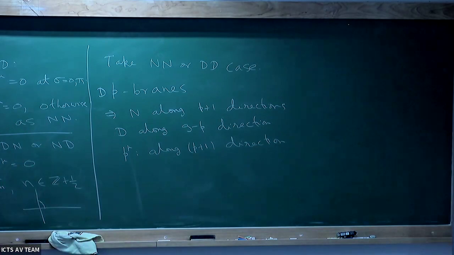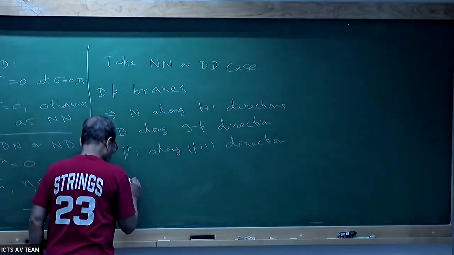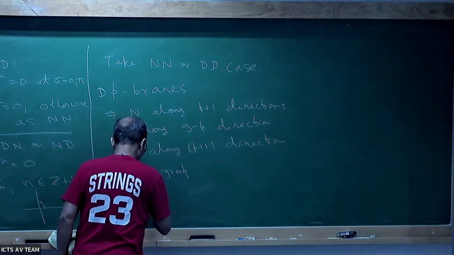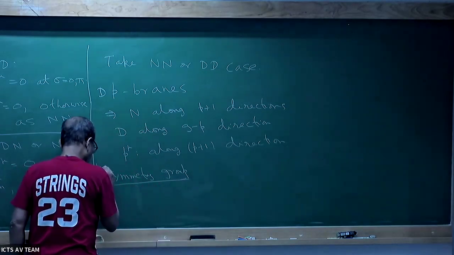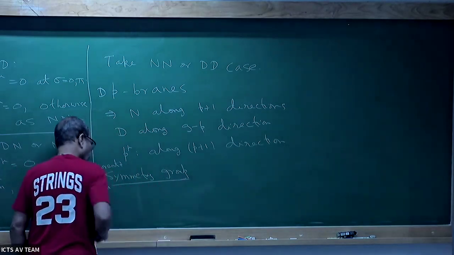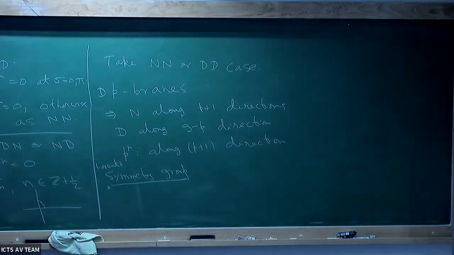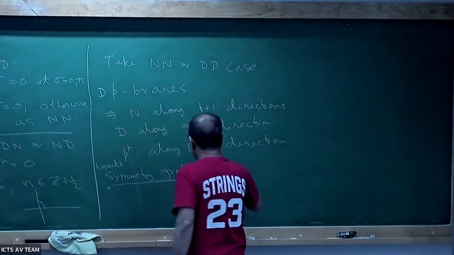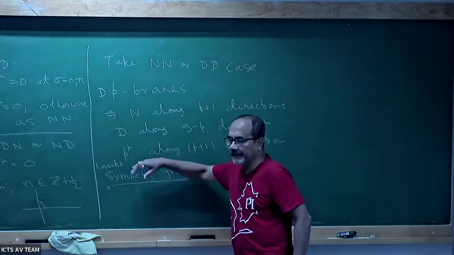So let's look at the Lorentz symmetry group. In 10-dimensional space-time, when you set up the problem, the Lorentz symmetry group was SO(9,1). Now we see that the mixing of the N and D directions is not a symmetry.